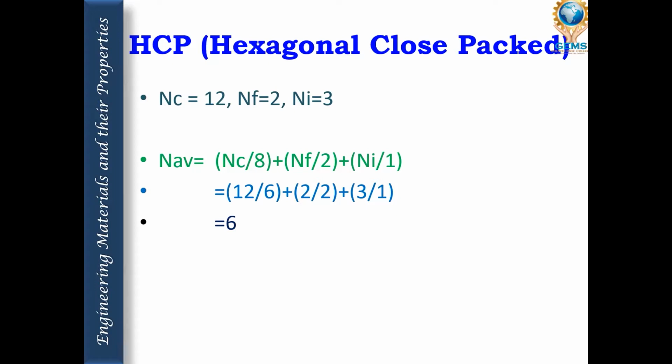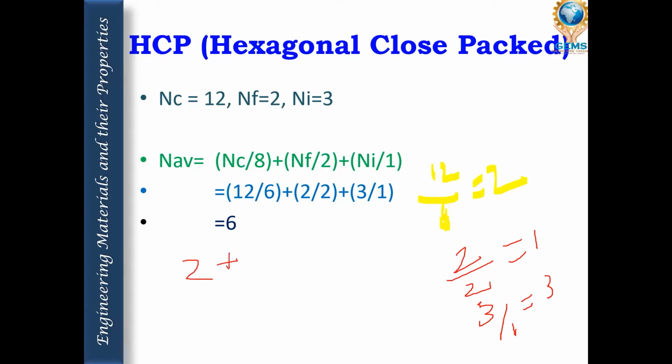So you will get 12 by 6, which is equal to 2, and 2 divided by 2 is equal to 1, and 3 divided by 1 is equal to 3. So basically 2 plus 1 plus 3, which is equal to 6. So the hexagonal close packed structure has 6 atoms.